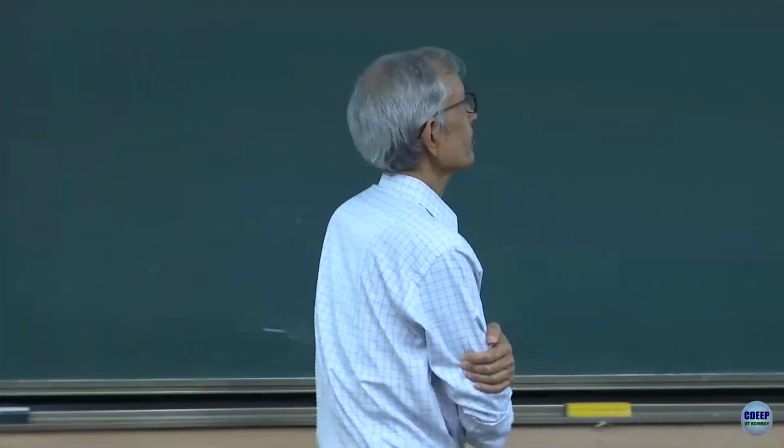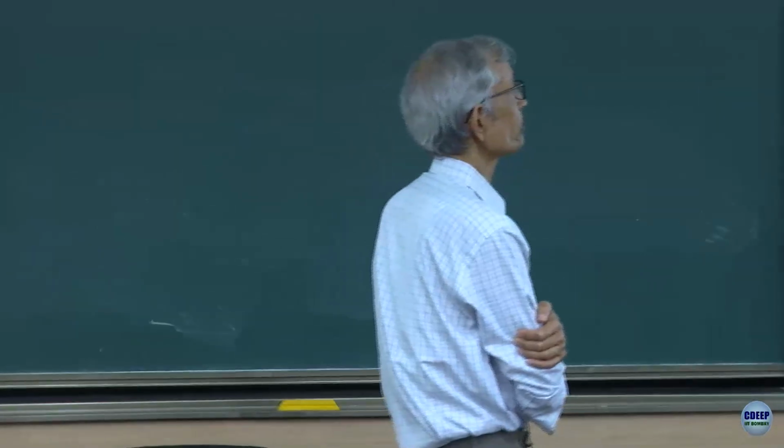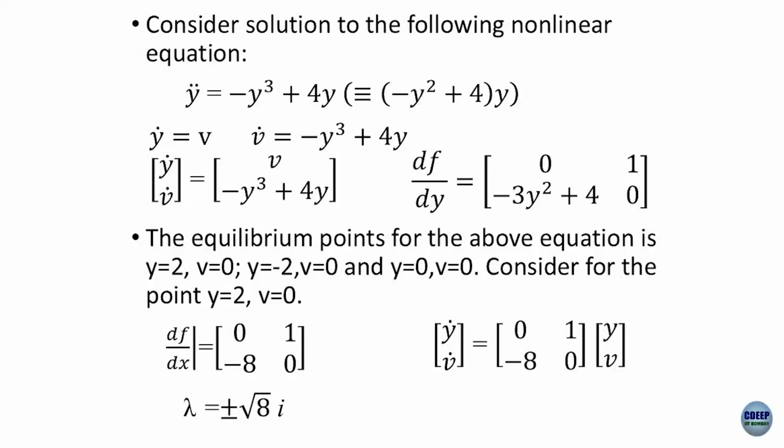This y double prime equal to minus y cube plus 4y is a nonlinear equation, and whatever methodologies that we have seen in the past are going to have trouble. And therefore what we said was that we would still like to stay in the linear domain and convert it into some kind of a linear system.